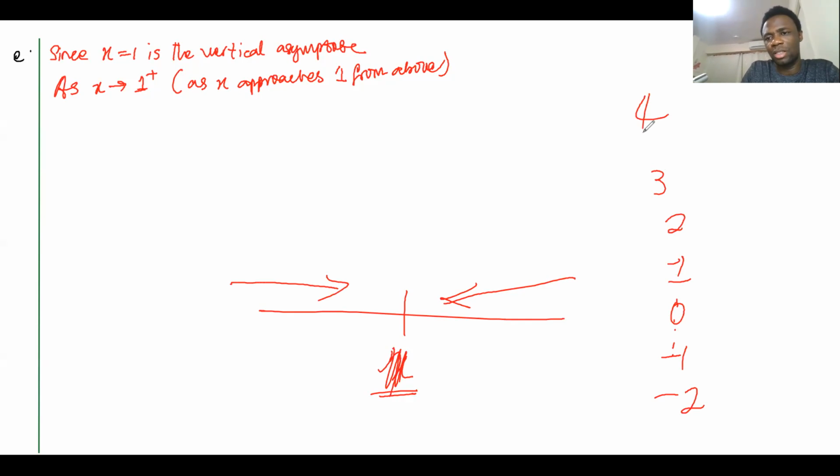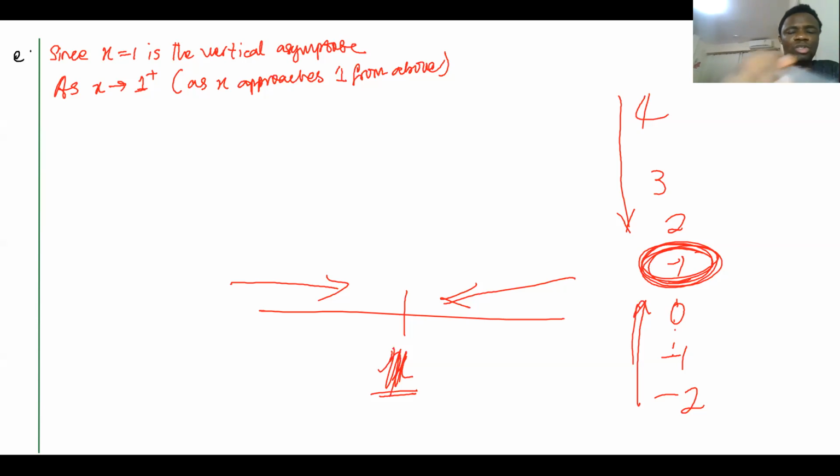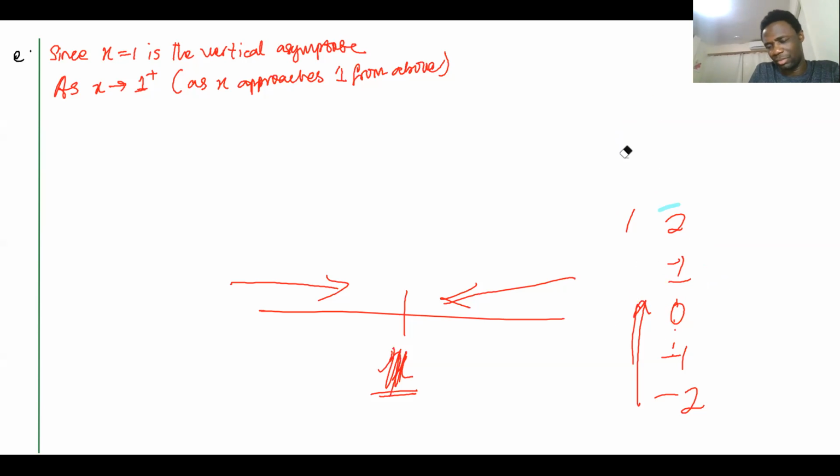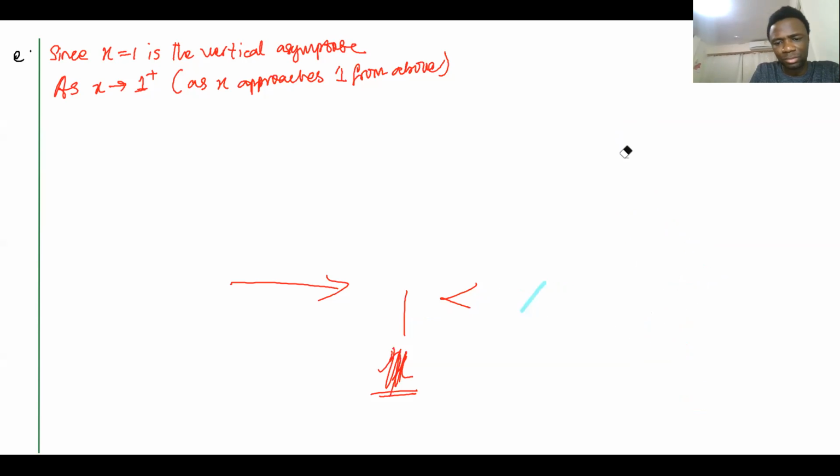So as the curve approaches 1 from above, as the curve approaches 1 from below, does that make sense? Remember, the curve does not touch 1. So it's going to be approaching it from this side and from this side. Some will say from the left side, from the right side. Some will say from above, from below. Please confirm if you understand what I just said. Yes. Okay.